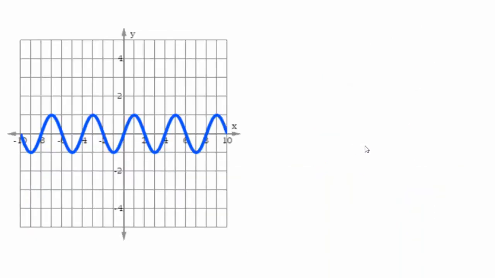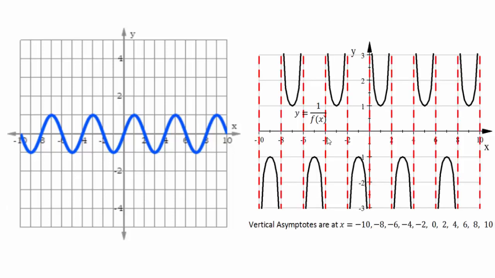All right, go ahead and see what the graph of the reciprocal function of this graph would look like. You can see it's almost like a periodic function, like a sound wave or a light wave. Go ahead and sketch the graph of its reciprocal function. All places where its x-intercepts are, you're going to have vertical asymptotes.